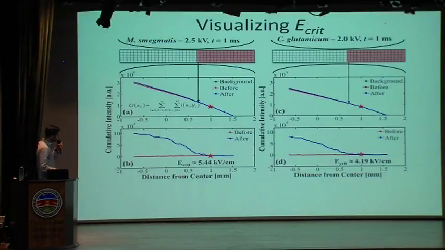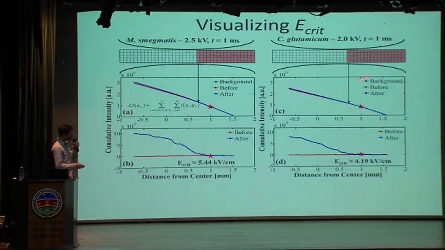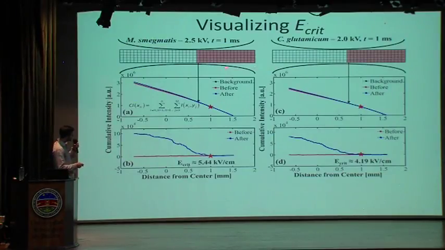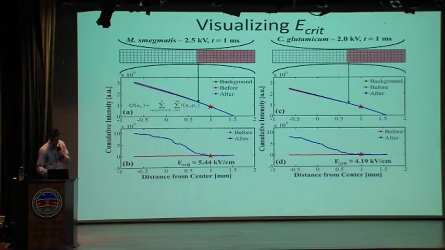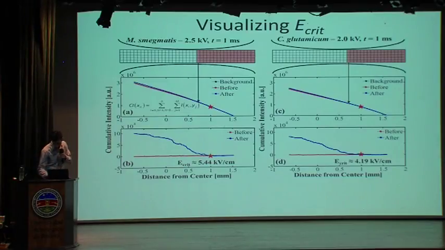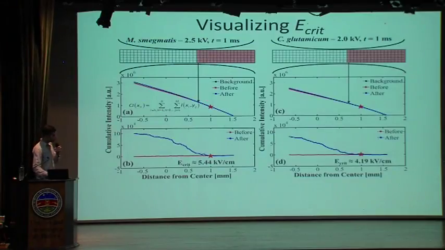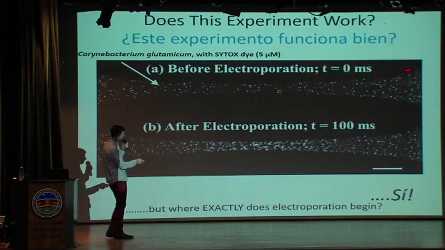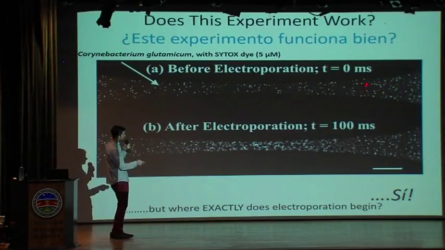So what I'm showing here is the fluorescence intensity integrated over a certain portion of the channel. So imagine the idea is this. We take essentially the fluorescence data here, and we add up the fluorescence in each one of these pixels.